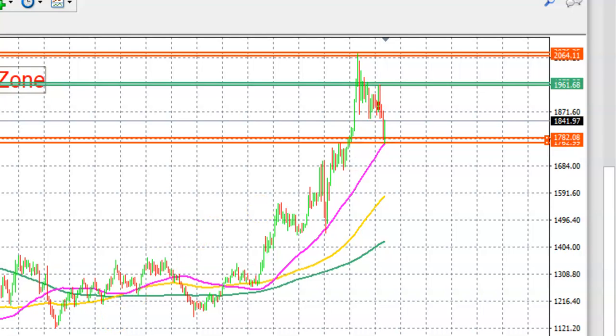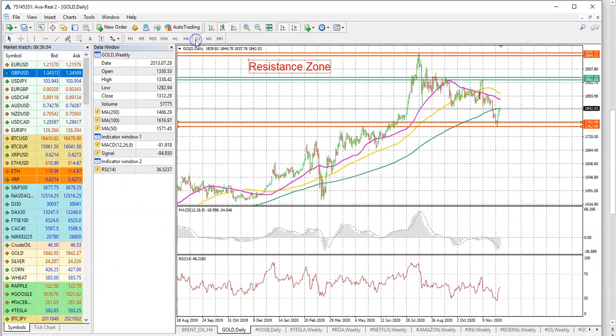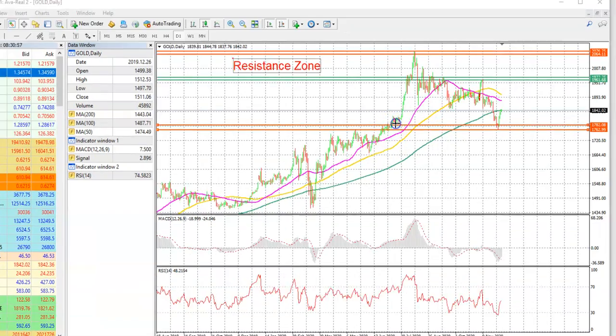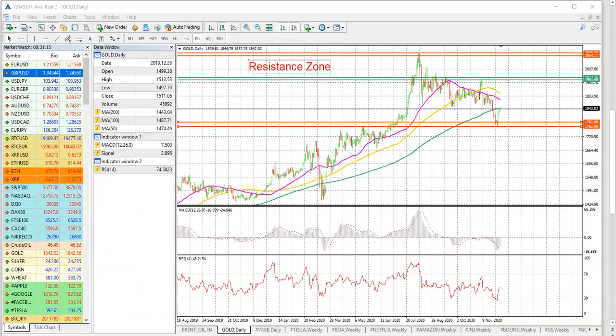At the same time, this support area from the 50-week moving average is in line with the consolidation area right over here where the massive rally occurred the last time. So this was the rally, and then this was a retracement into this area, and this retracement area comes in line with the 50-week moving average.